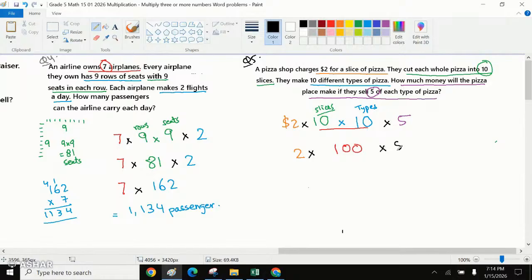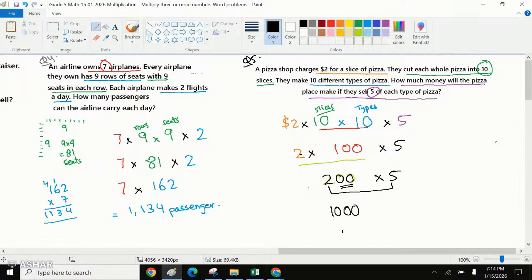Multiply by 5. 2 into 100 is 200, times 5. And we know that whenever we have a number ending with 0, we simply multiply 2 into 5, which is 10, and we put down the number of zeros, right? So that means how many?